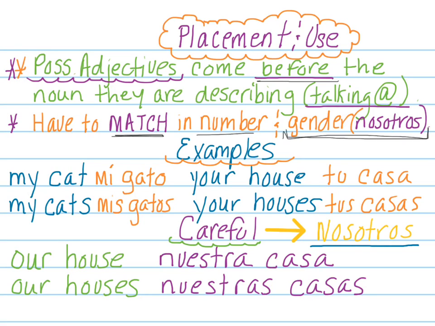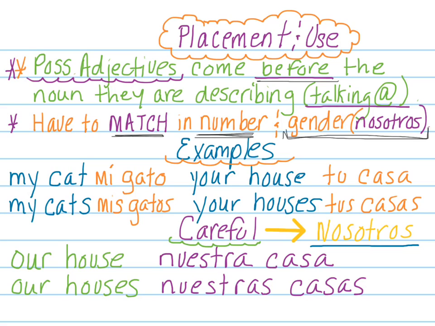So typically it's just in number with the noun that it's modifying. If I'm talking about multiple things that I own, then mi has to be plural, mis. If I'm talking about only a single item that I own, it would just be mi. Like, my houses would be mis casas, but my house would just be mi casa. So if the item that you own is plural, then you make your possessive adjective plural.